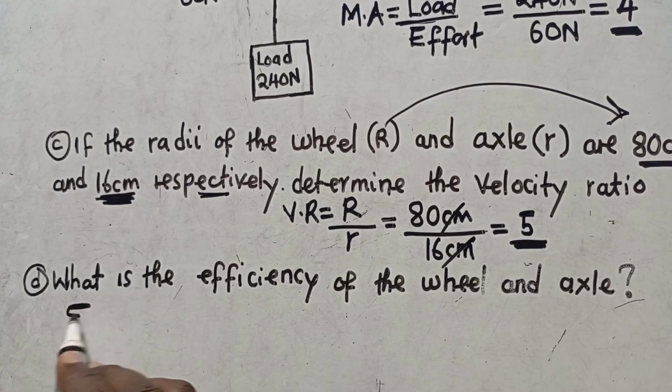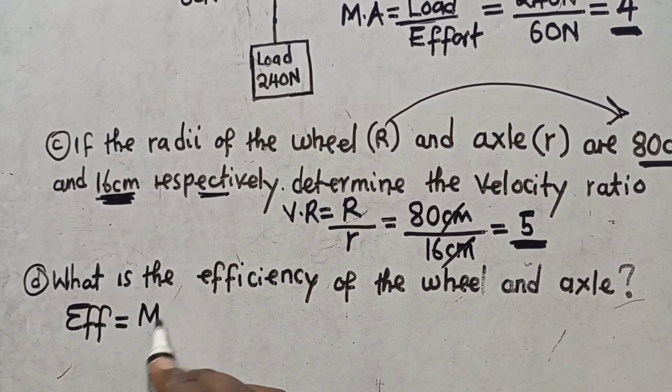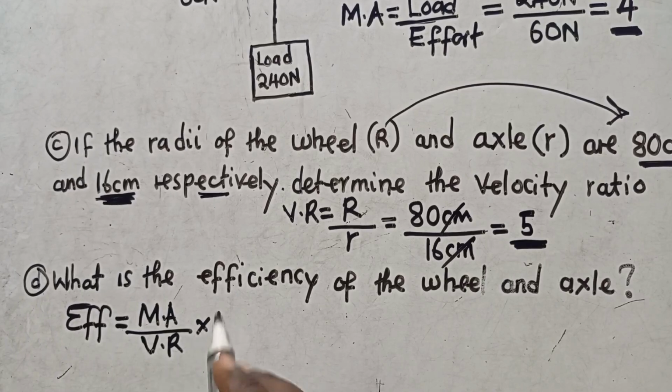You say efficiency is equal to mechanical advantage over velocity ratio multiplied by 100%. These are some of the things that you need to know and understand.